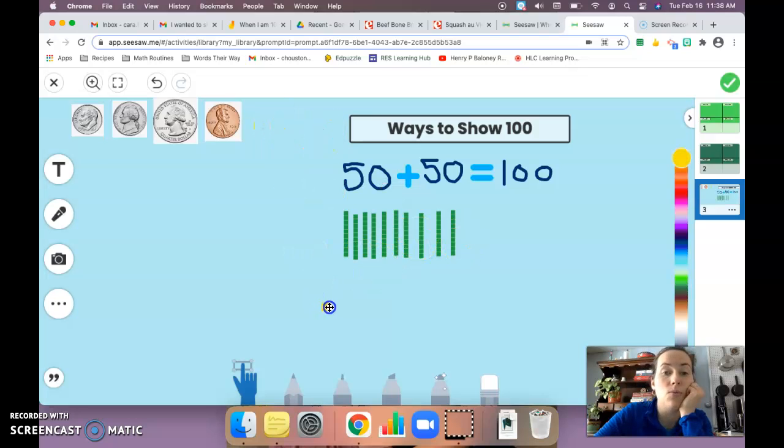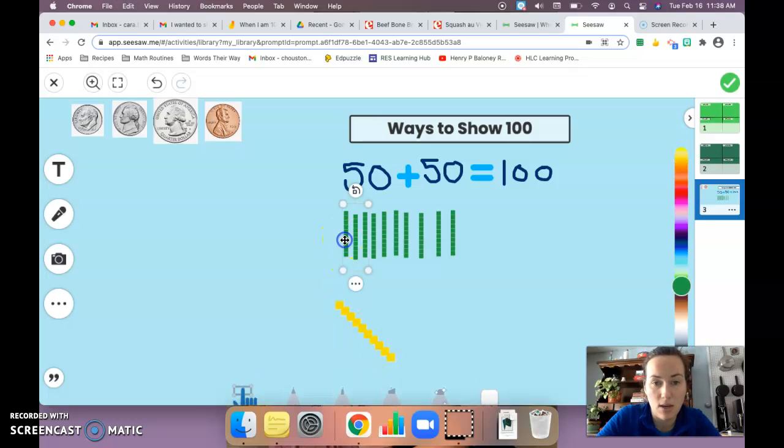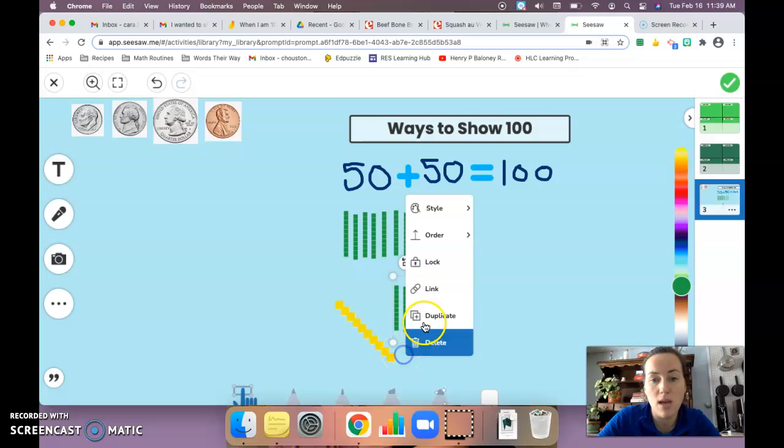You could also use ones, so maybe you just wanted to show 9 tens and then 10 ones. 3, 4, 5, 6, 7, 8, 9, 10. And then I could, again, press duplicate, right? And then move that over. And I could show it in a different way.